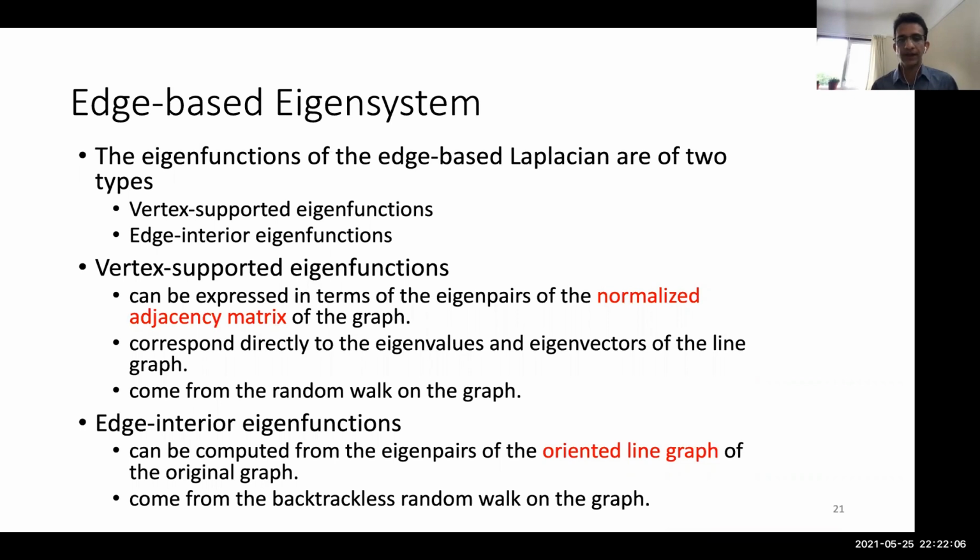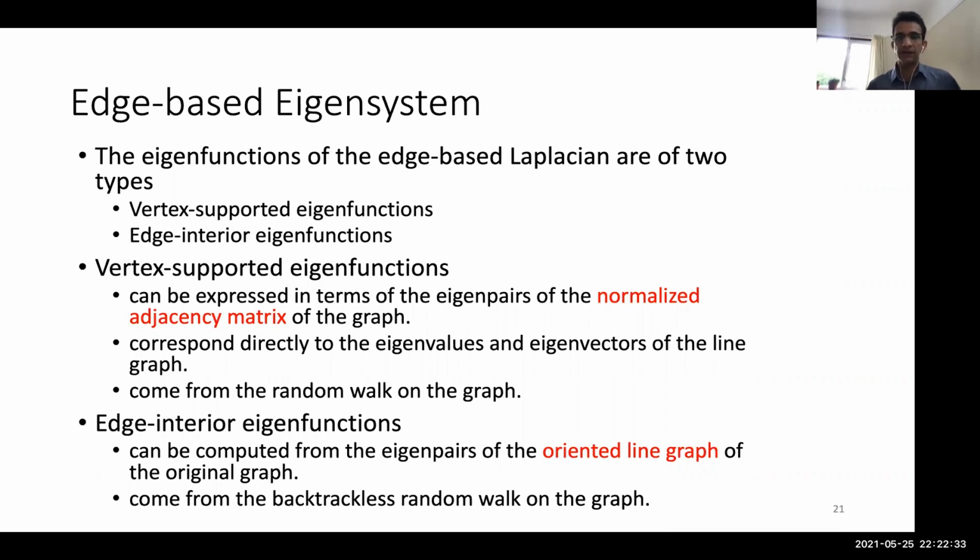So then we identified that there are edge interior eigenfunctions which are 0 on the vertices. Those eigenfunctions can be computed from the eigenpairs of the oriented line graph, which means that the edge interior eigenfunctions of the edge-based Laplacian are directly related to the backtrackless walks on the graph.